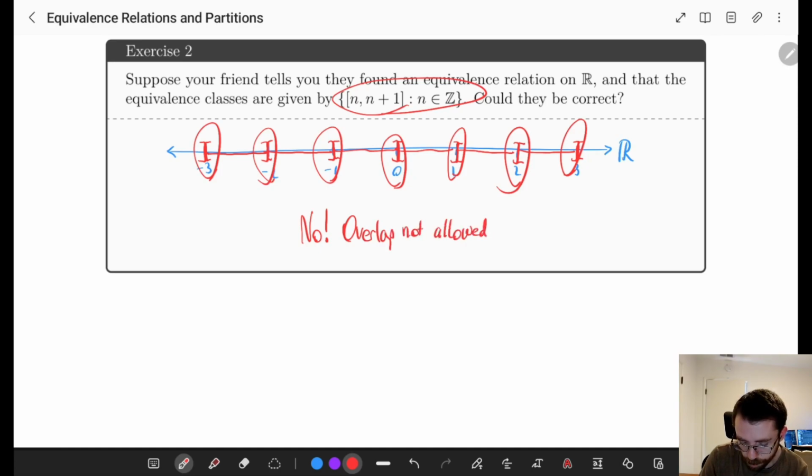Which is kind of cool. You can just eyeball a hypothesis and immediately tell it's incorrect, without knowing what relation they even thought they brewed up.